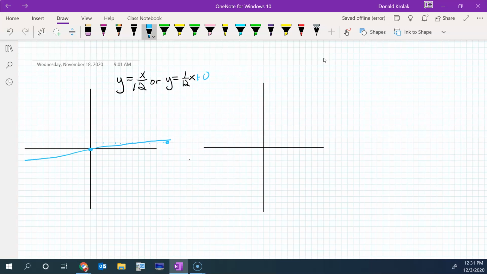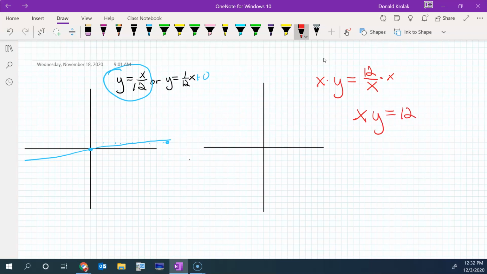Now, if we took that line that's linear and we graphed its reciprocal, all that means is I'm just reversing x and y. I'm swapping them. So the 12 is here and the x is down here now. If I multiply both sides by x, I get x times y equals 12.